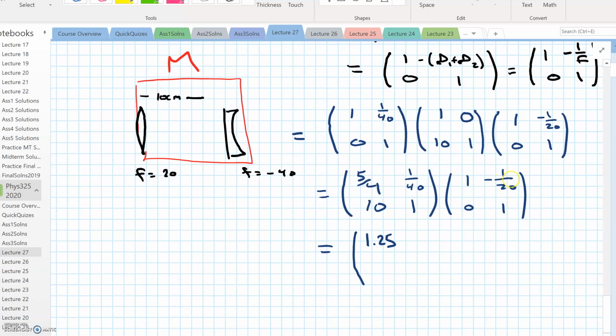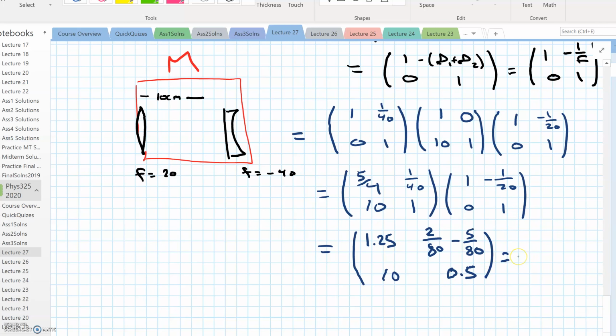All right, let's see what we get here. So we're going to get negative 5 over 80 plus 1/40th, which is 2 over 80. So we're going to get 2 over 80 minus 5 over 80. Could be worse. Here we get a 10 again. And what do we got here? Negative 10 over 20, which is negative 0.5, plus 1, which is 0.5.